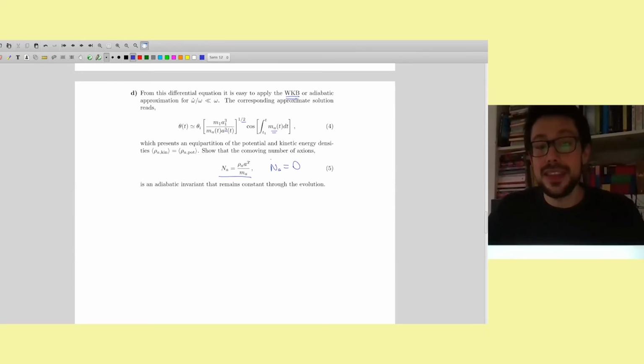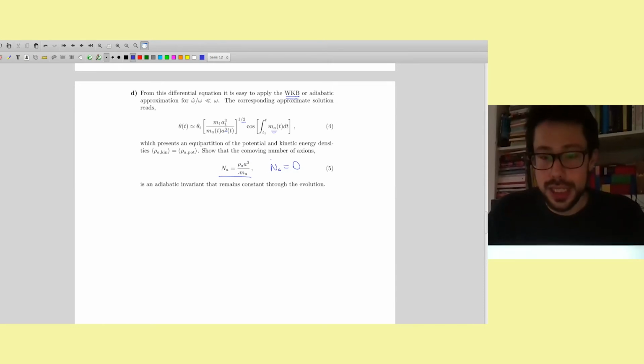Then you divide this total energy by m_a, which can be thought of as the energy of one axion quantum. So this quantity will be constant in the evolution of these axions.